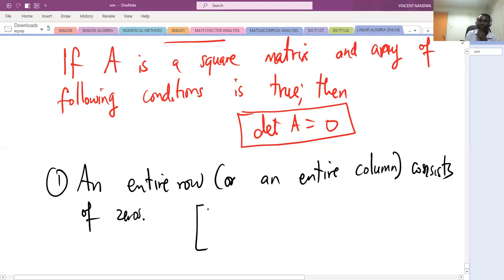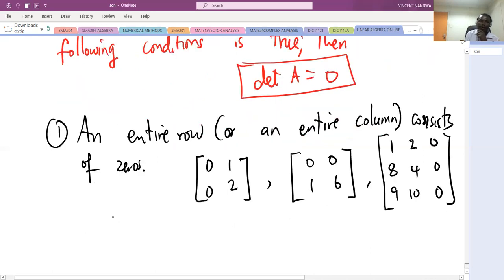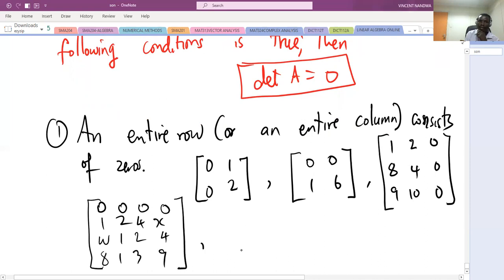Either like this one, 0, 0, 1, 2, or if you have a matrix like 0, 0, 1, 6, or a matrix like 1, 2, 0, 0, 0, 4, 8, 9, 10, or matrices with a zero row or column.